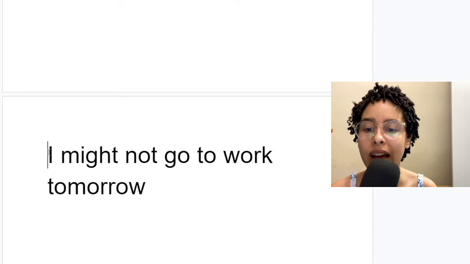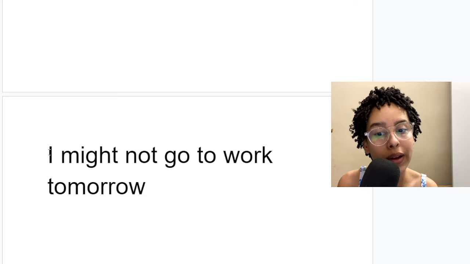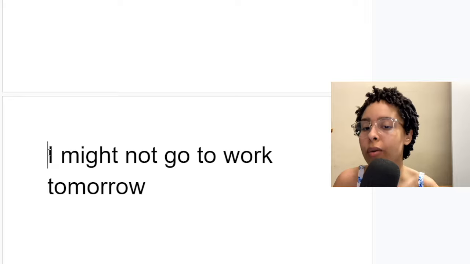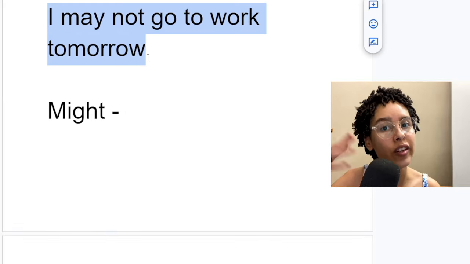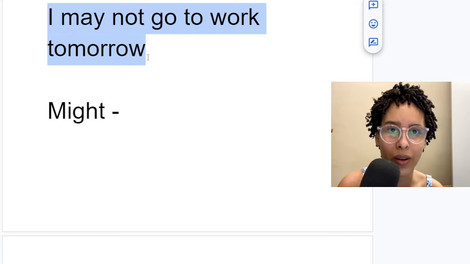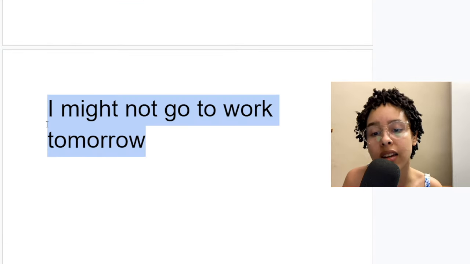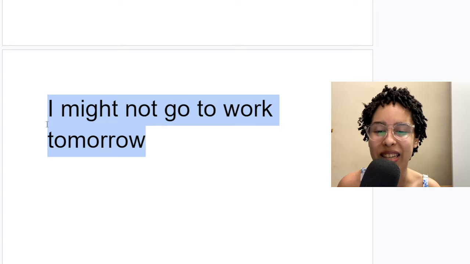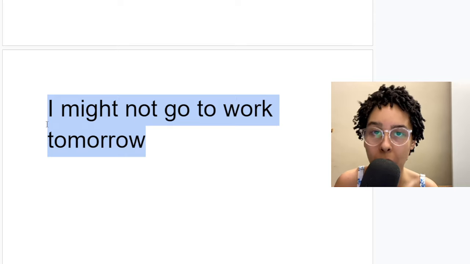It means that it's possible that I won't go to work tomorrow, but it has less chance to happen than may. So if I say I may not go to work tomorrow, it's like a 50 up chance for me not to go. I am more certain about it. But when I say I might not go to work tomorrow, it's like 50 down a chance, it's like 30%, 40% of chance that I won't go.